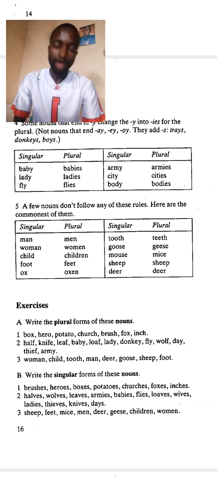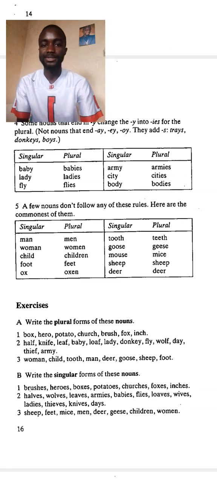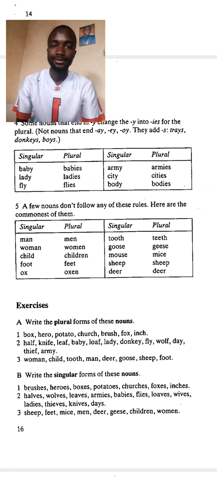Ox, oxen is the plural. Tooth, teeth. Goose, geese. Mouse, mice. Sheep, sheep is the plural. Yes, sheep, sheep. Deer, deer is the plural.